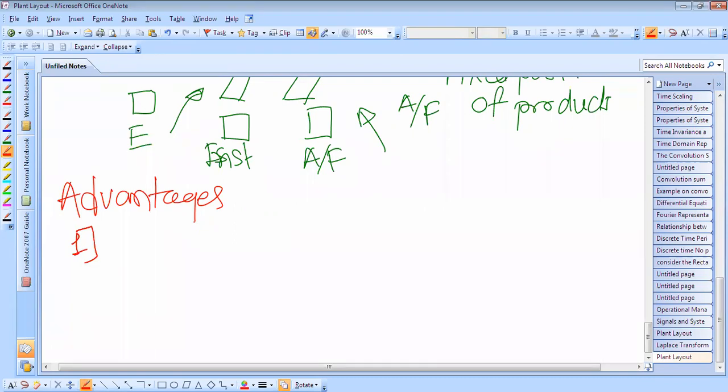Suppose for the manufacturing of an aircraft, this is not a one or two day process. It takes a number of years to complete the aircraft if fewer people are there. So skilled workers should be there.